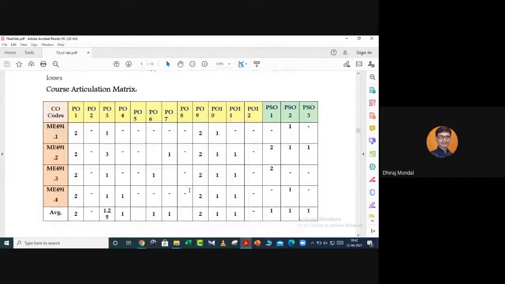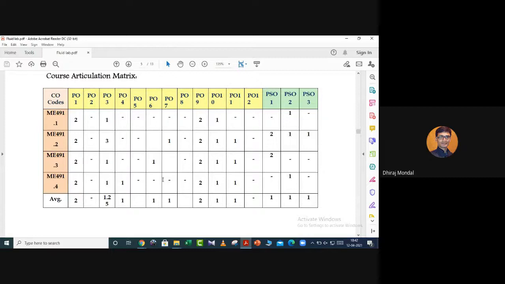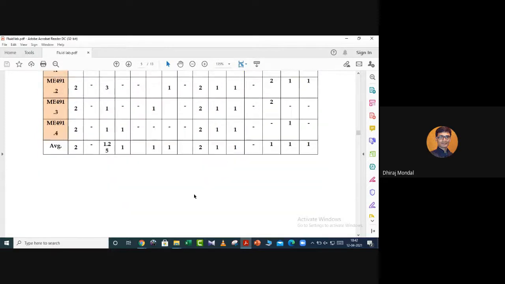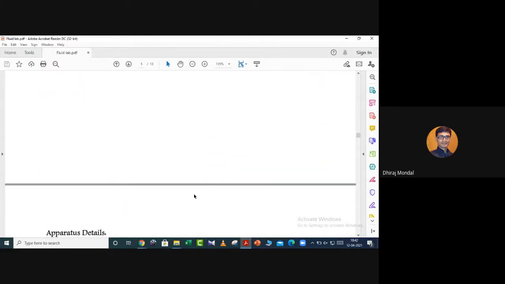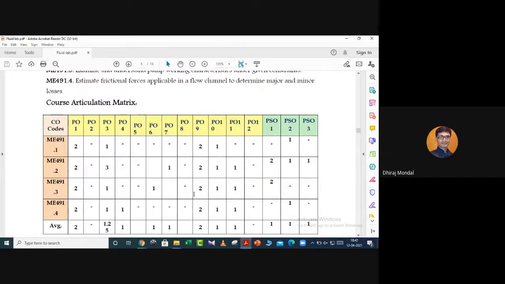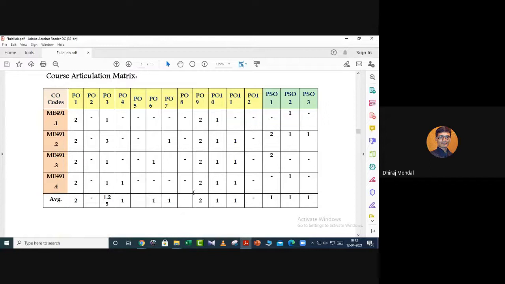You can see this is the course articulation matrix. Here the PO, that is your program outcome, and CO, course outcome, are mapped. It is necessary because, as you know, the Department of Mechanical Engineering at JS College of Engineering is NBA Tier 1 accredited.